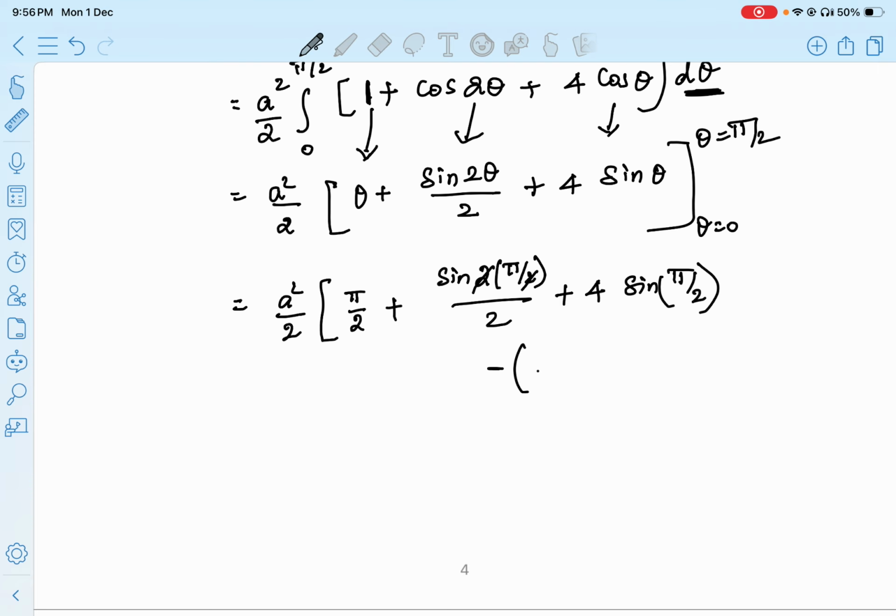For theta it will become 0, and sin 2 into 0 by 2 plus 4 sin 0.